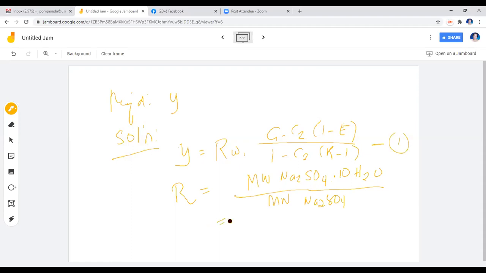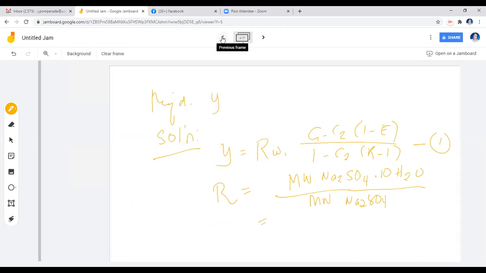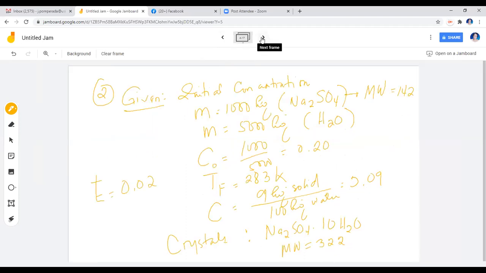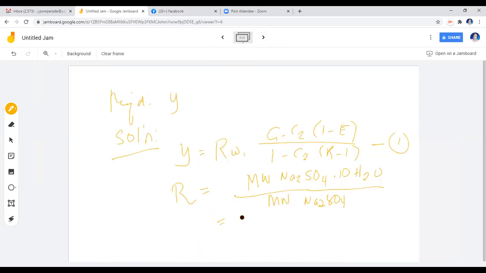Based on what we have here, 322 over 142. 322 divided by 142 should be 2.41.